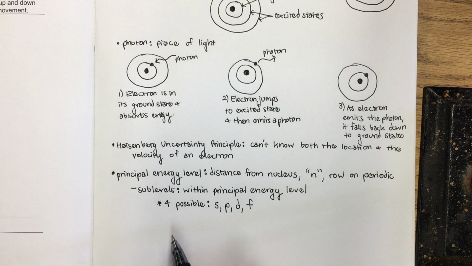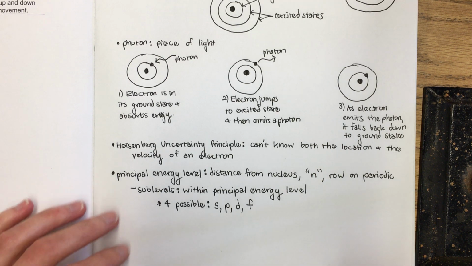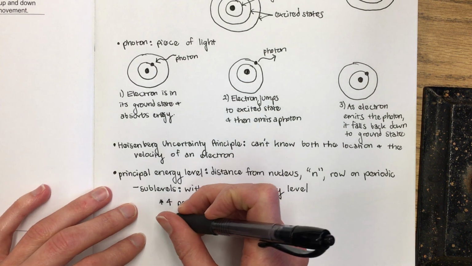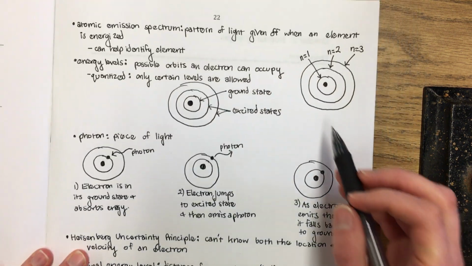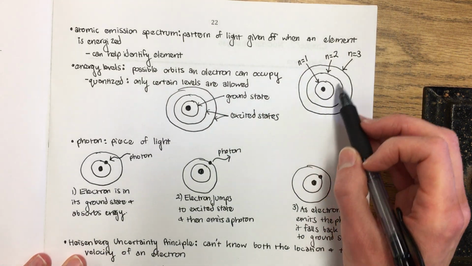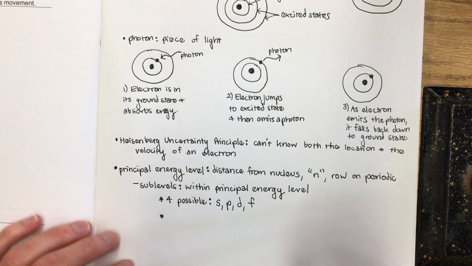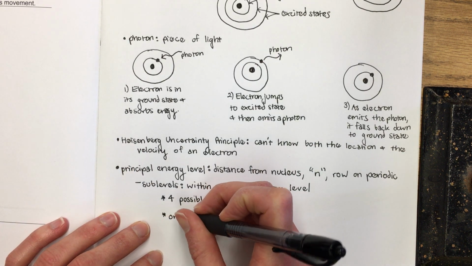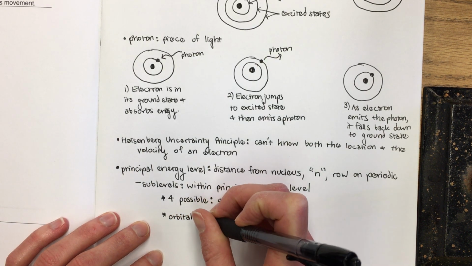Okay, lastly, within these sublevels, there are these things called orbitals. So rather than circular orbits, there are these things called orbitals where the electrons can be.